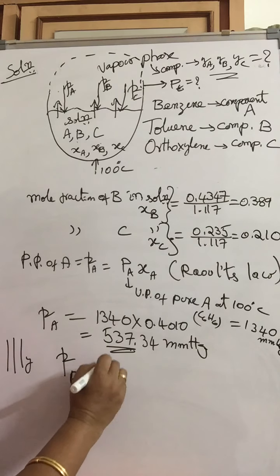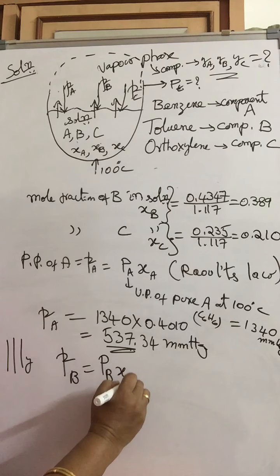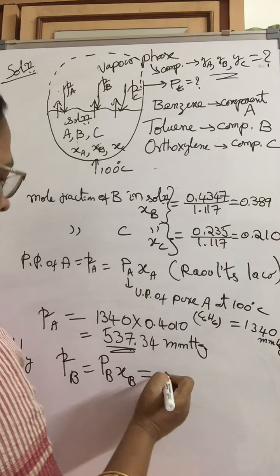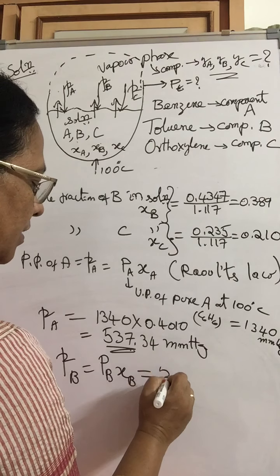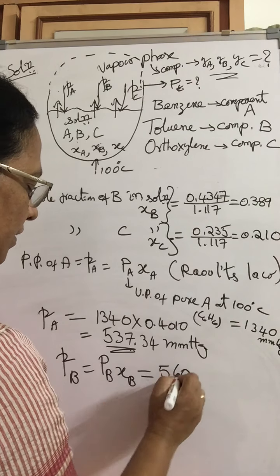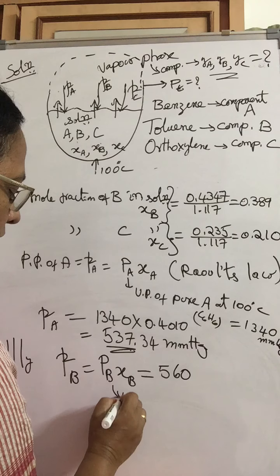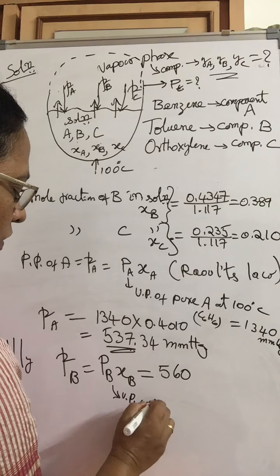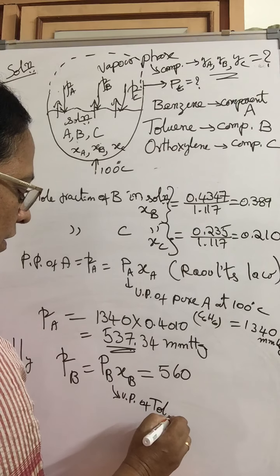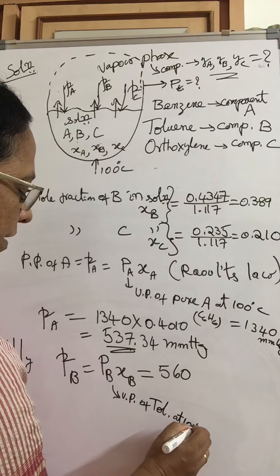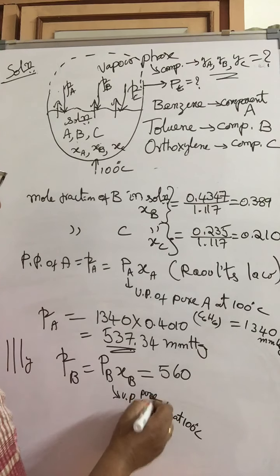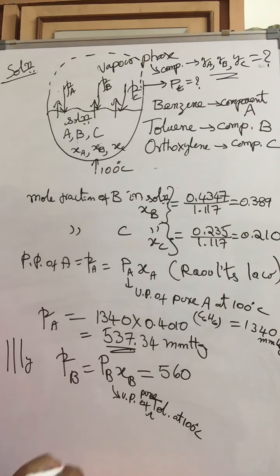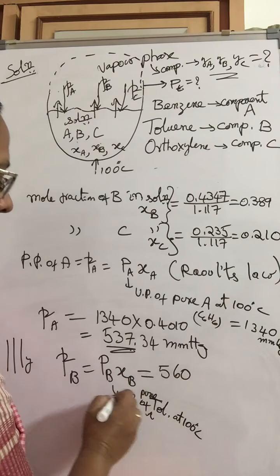Similarly, you can calculate PB. PB equals PB° XB. What is the vapor pressure? In the pure state it is 560. This is the vapor pressure of pure toluene at 100 degrees centigrade, given in the problem.